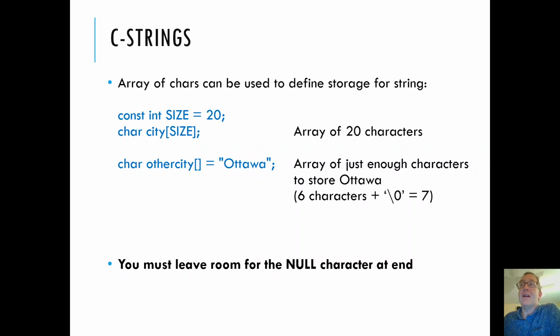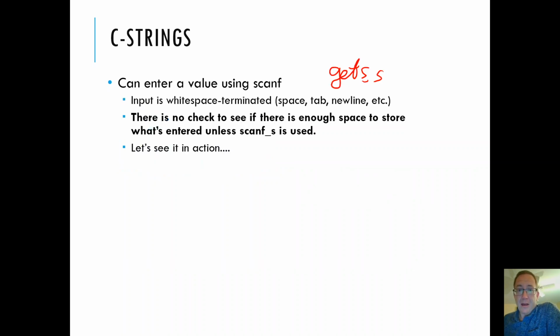The new array needed the length of the string plus 1 to store this extra 0. If I don't have the space for that extra 0, I get random weird errors in my program. It comes up from time to time. The length of the Ottawa string is 6, but to store it, I need 7. Hopefully that makes sense.